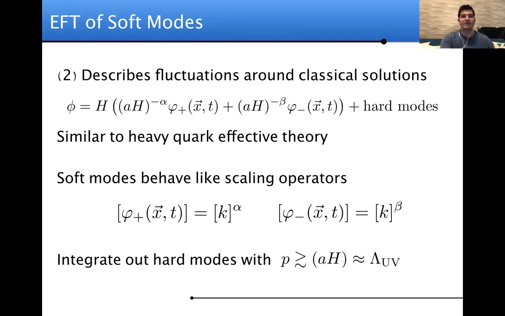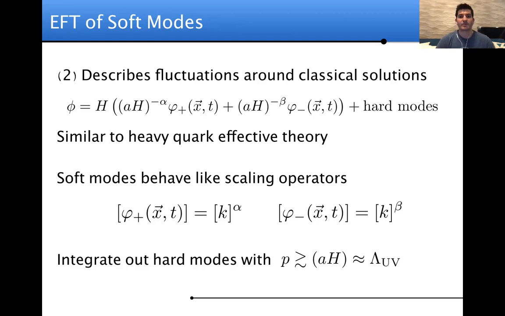So we're going to factor out the powers of the inverse co-moving horizon, aH to the minus alpha or aH to the minus beta, and then the fields phi plus and phi minus describe fluctuations around those solutions. This strategy is similar to other effective theories like heavy quark effective theory. And we'll see that some of those properties appear as we go along.